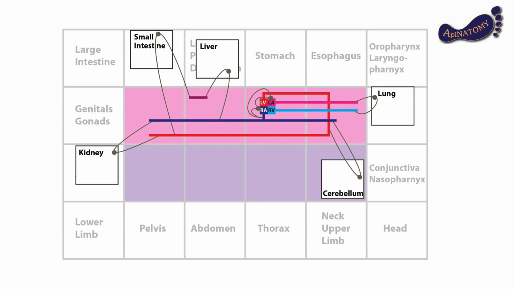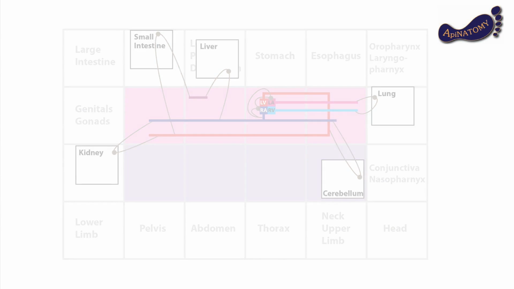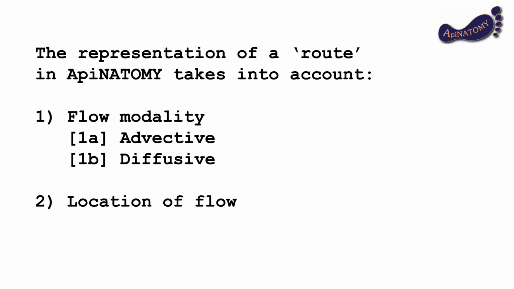In particular, the representation of a route requires the explicit depiction of flow modality and location of flow. In its current implementation, the ApiNATOMY circuit board represents explicitly two modalities of fluid flow, namely advective and diffusive.